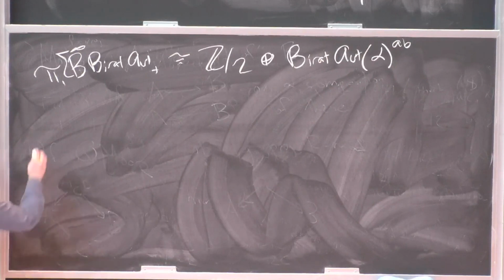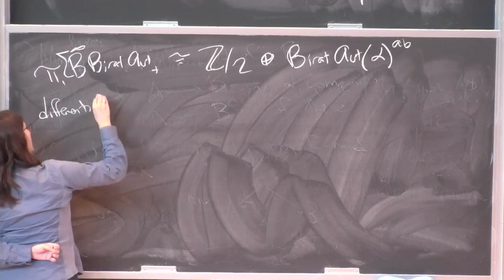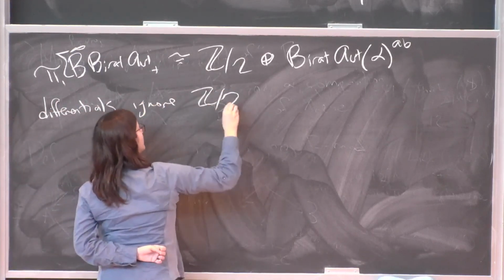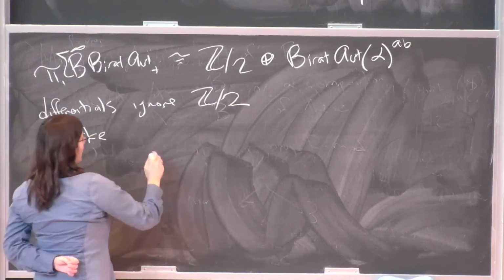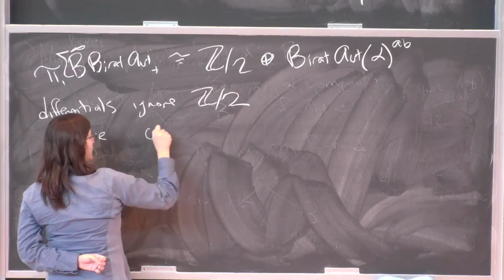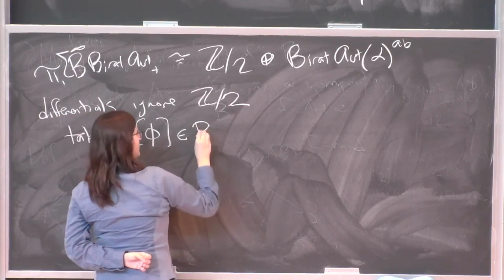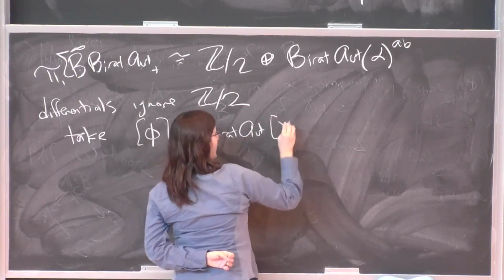And the differentials ignore Z mod 2, and they take, so let's suppose that we have some phi in birational of the class of X.